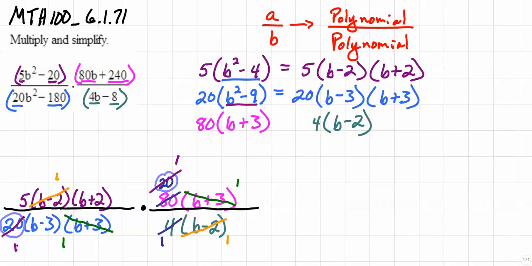And now I'm going to collect everything that's left over. In doing so, I'm going to have the 5, this b plus 2, and that will be in the numerator, and then I will divide that by whatever's left in the denominator.